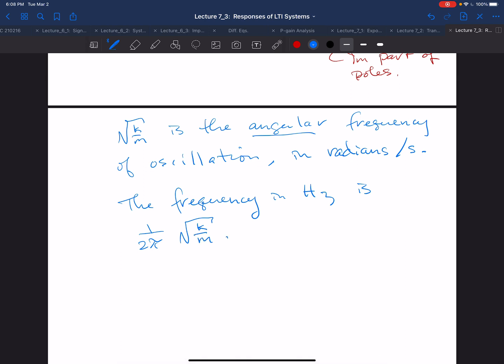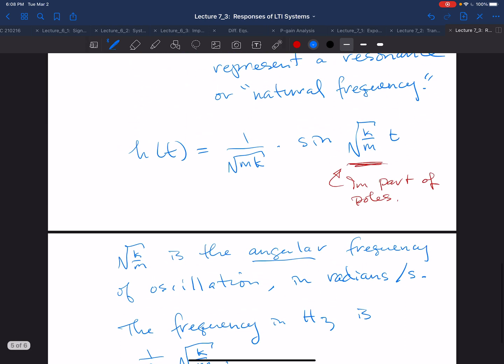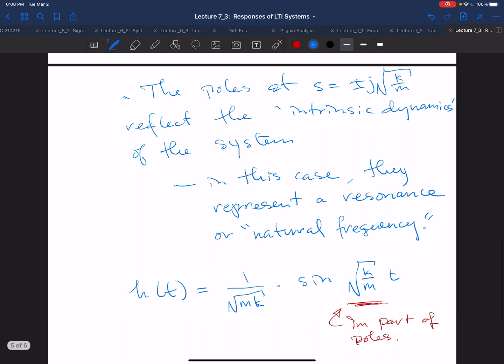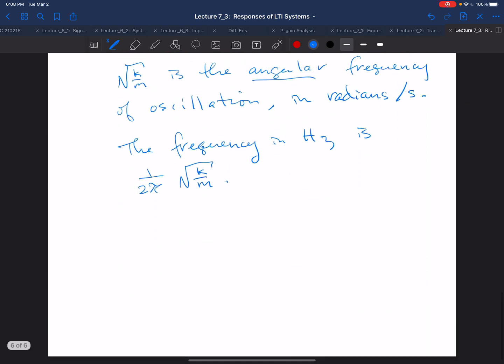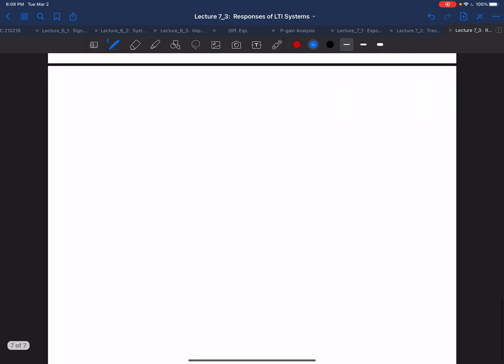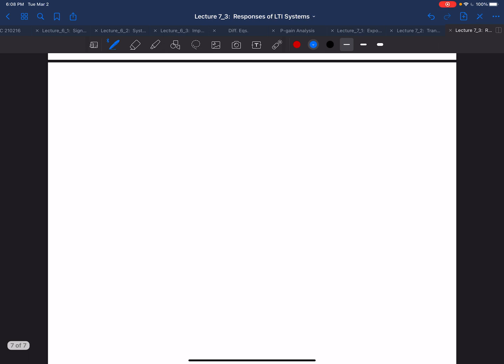So that's the frequency in cycles per second. So that's a particular example where we were looking at the impulse response of a simple system, a second order transfer function because it has 2 poles.